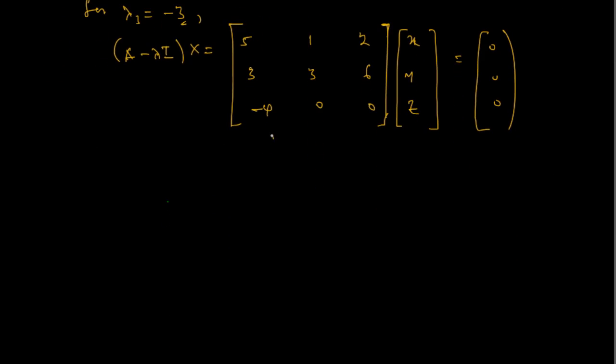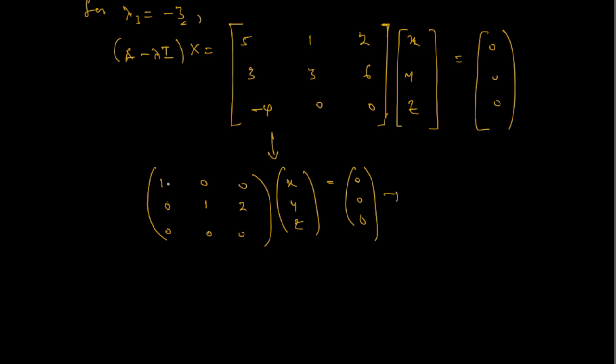Like we know, we need to row reduce the coefficient matrix. And when we row reduce that, what we obtain is 1, 0, 0, 0, 1, 2, 0, 0, 0. This is exactly what you obtain. This is times x, y, z equals 0, 0, 0.